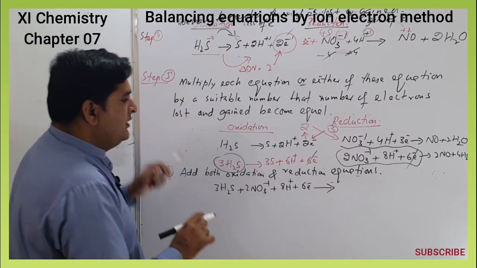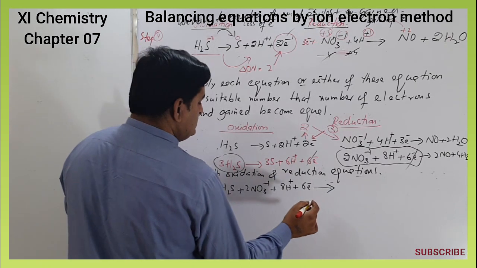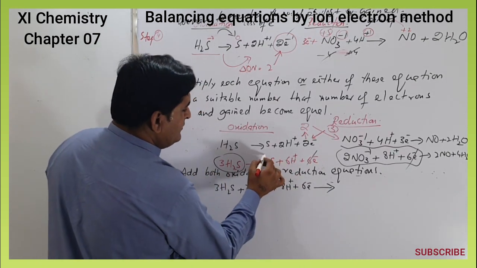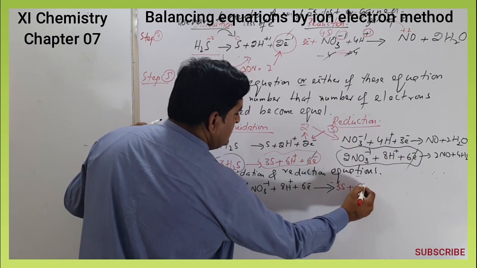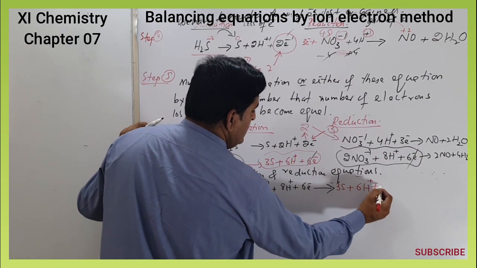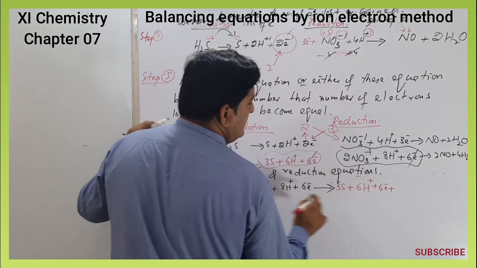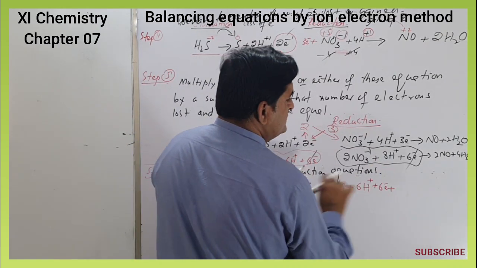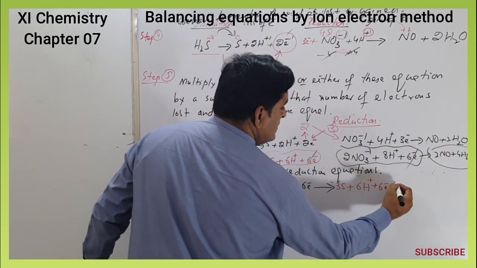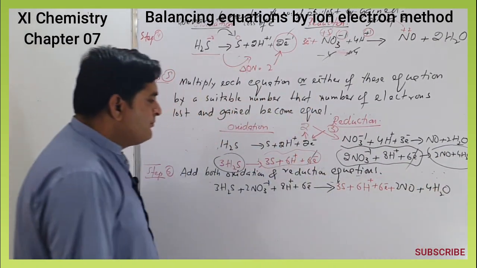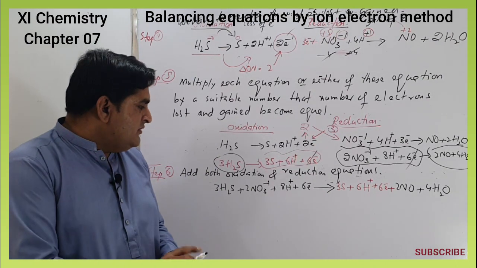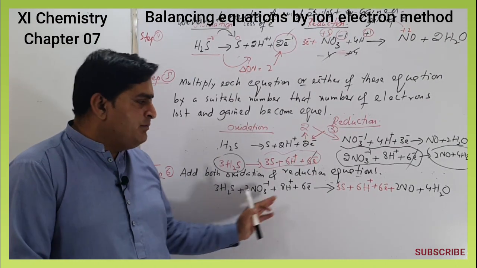What is the product side of oxidation? 3S plus 6 hydrogen ions plus 6 electrons. And the product side of reduction? 2NO plus 4H2O.